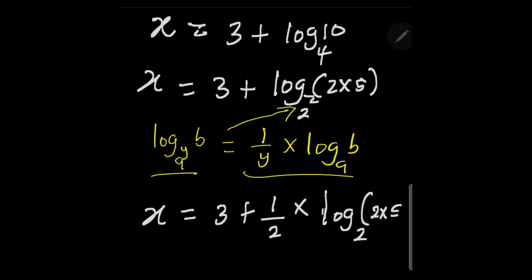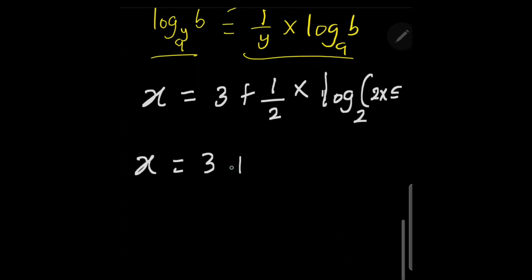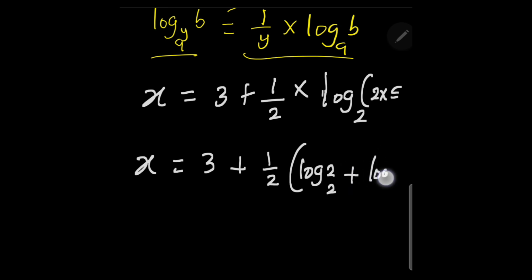Now we need to simplify further. So x will be equal to 3 plus 1 all over 2, then multiplied by log of 2 multiplied by 5 to the base of 2. So it can be broken down as what? Log of 2 to the base of 2, plus log of 5 to the base of 2.